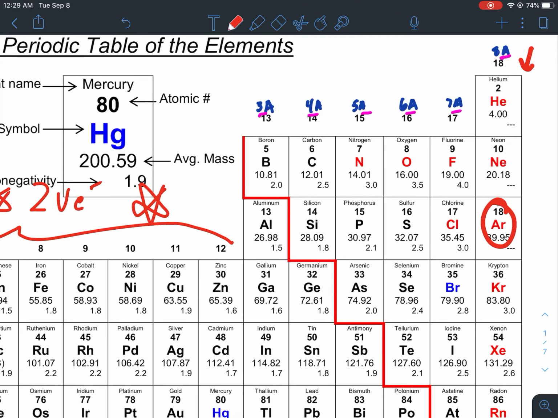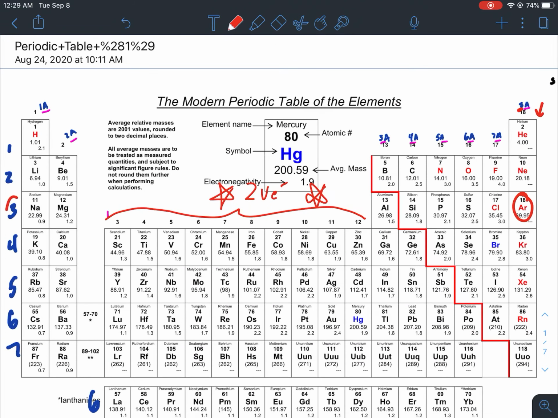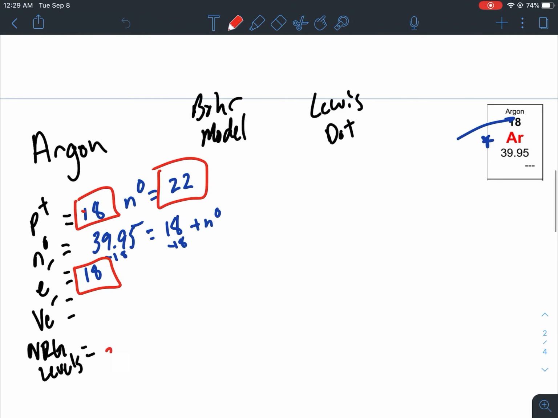So we know that it has 8 valence electrons. And if we scroll over to the left, we know that this is all the way over here, so we have an energy level 3, right? This number on the left side tells us that it's energy level 3. So this is 3, and this was 8.